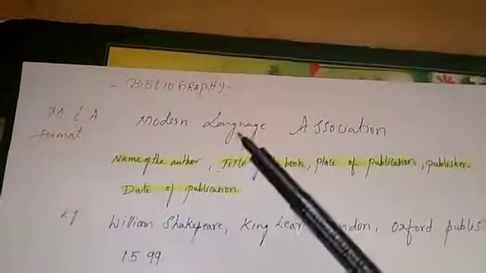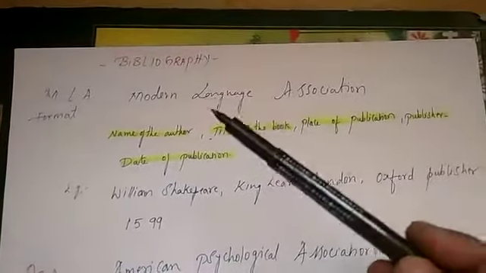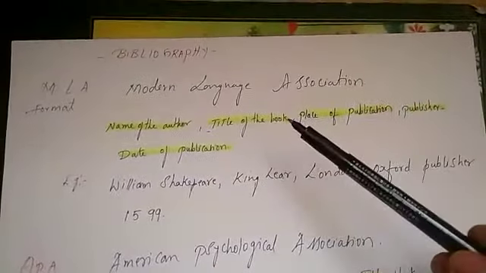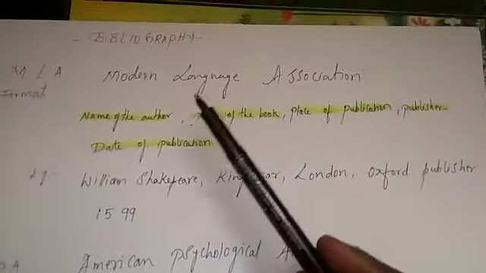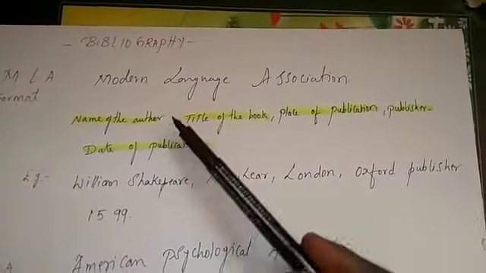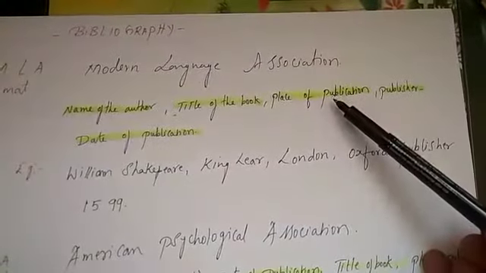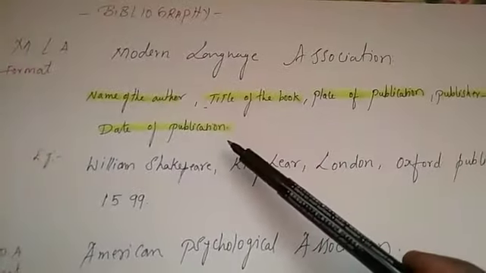MLA means Modern Language Association. MLA format is like this. First of all, you have to write name of the author, title of the book, place of publication, publisher, date of publication.